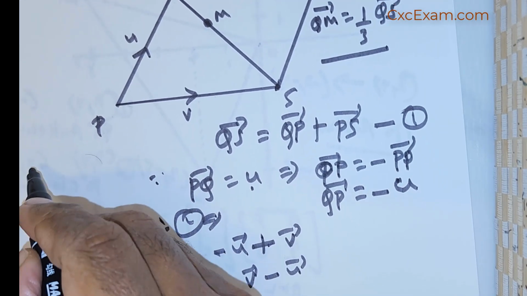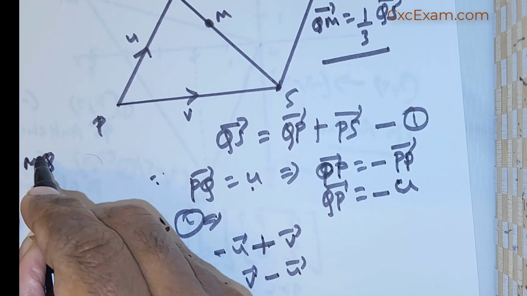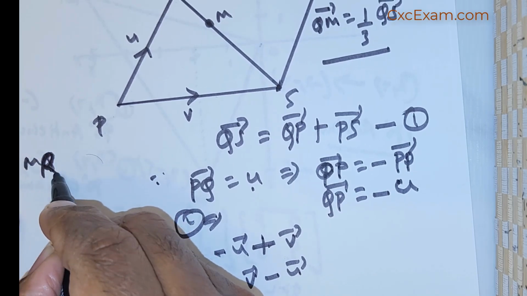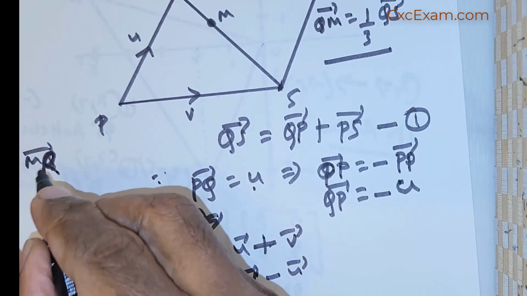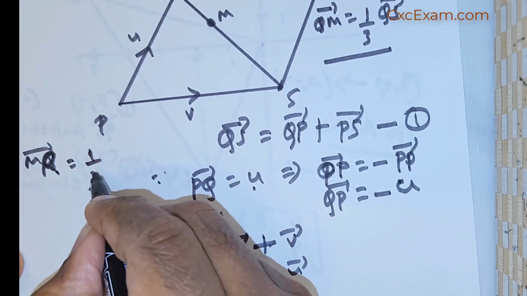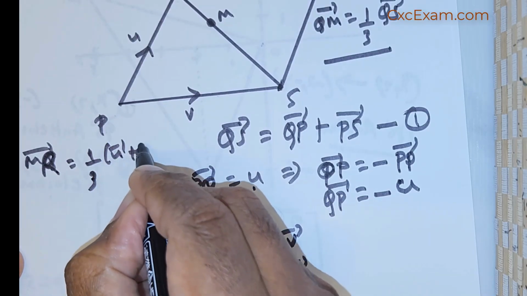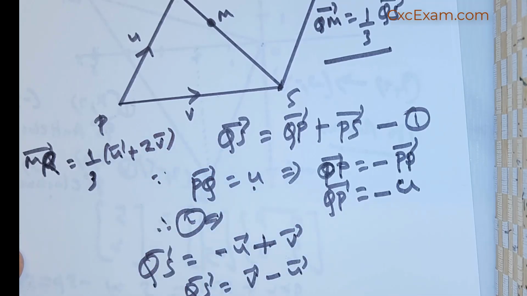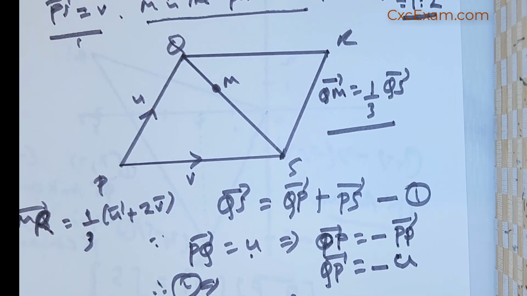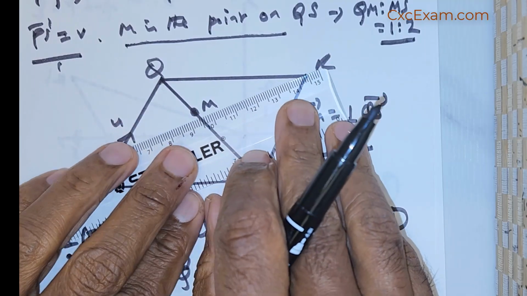Okay, this is the next part. I have to show MR vector. MR vector is equal to 1/3 times U vector positive 2 times V vector. So where is this MR coming from?